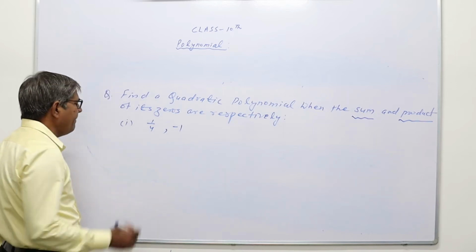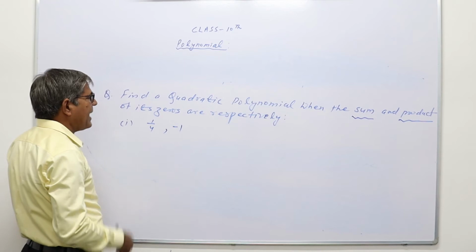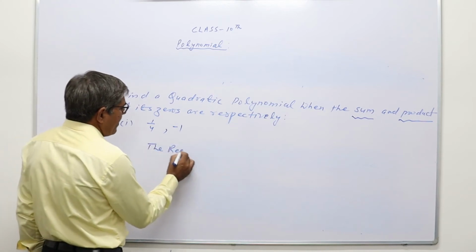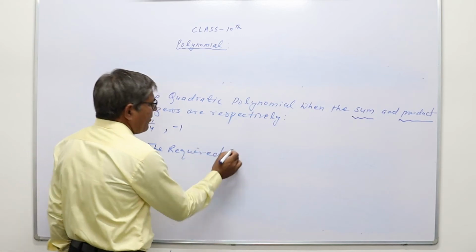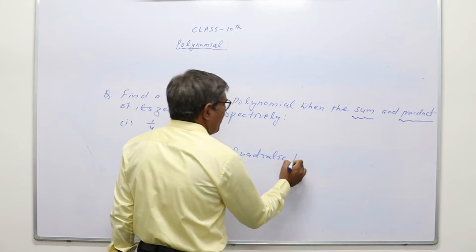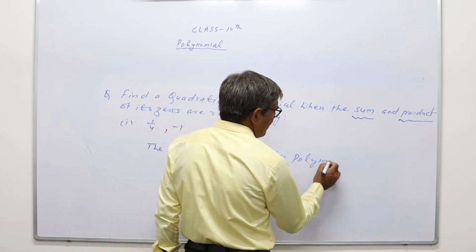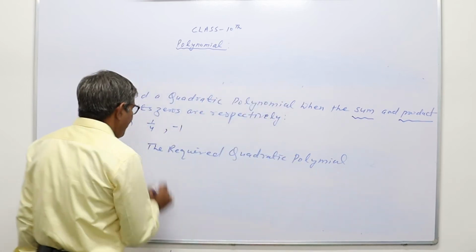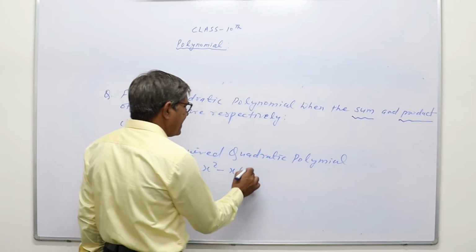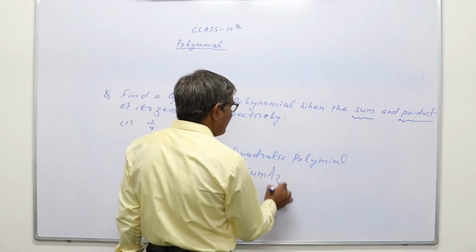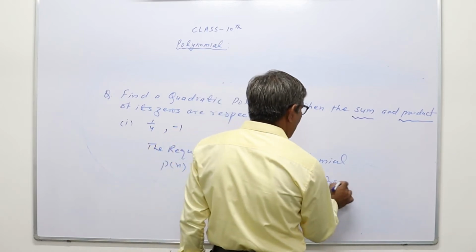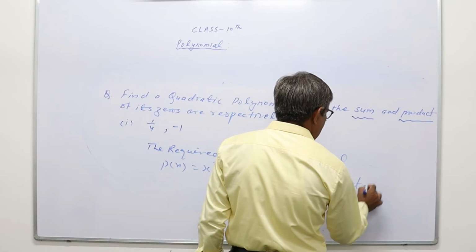Now one more method. When the zeros are given, then the required quadratic polynomial p of x is equal to x square minus x into the sum of zeros plus the product of zeros.